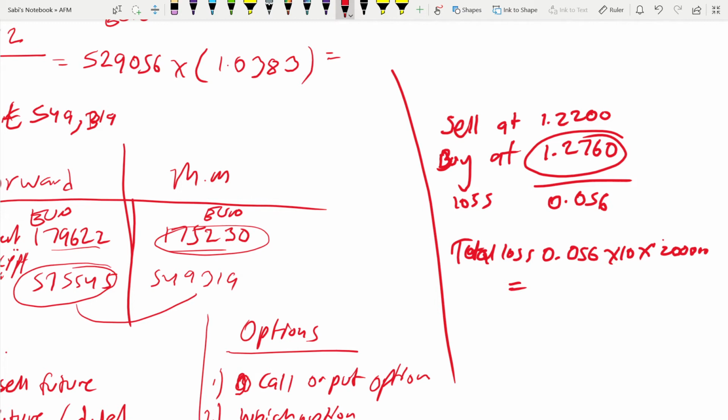Then the total loss will be, now this is in Swiss franc, 1,112,000. But it's not yet over. Another step is there. What is it? This is just the loss.